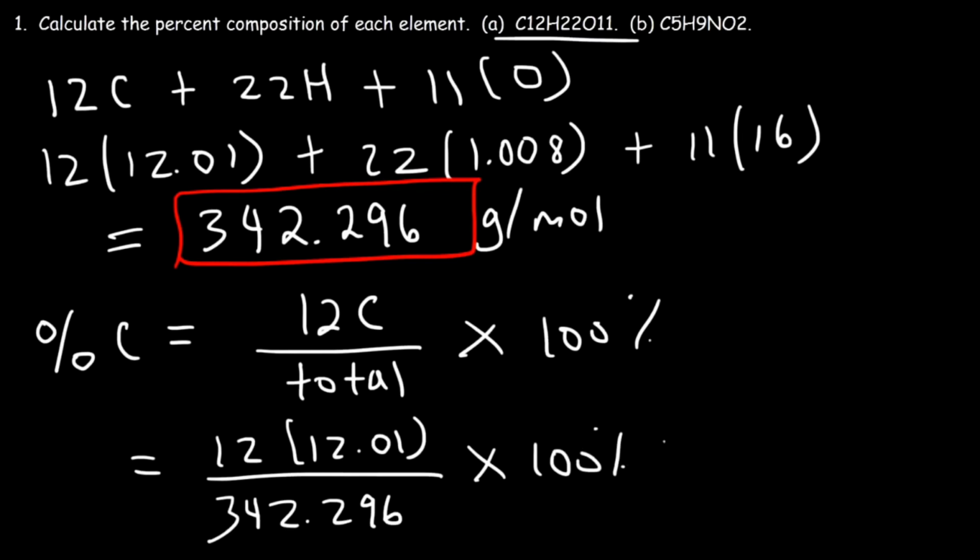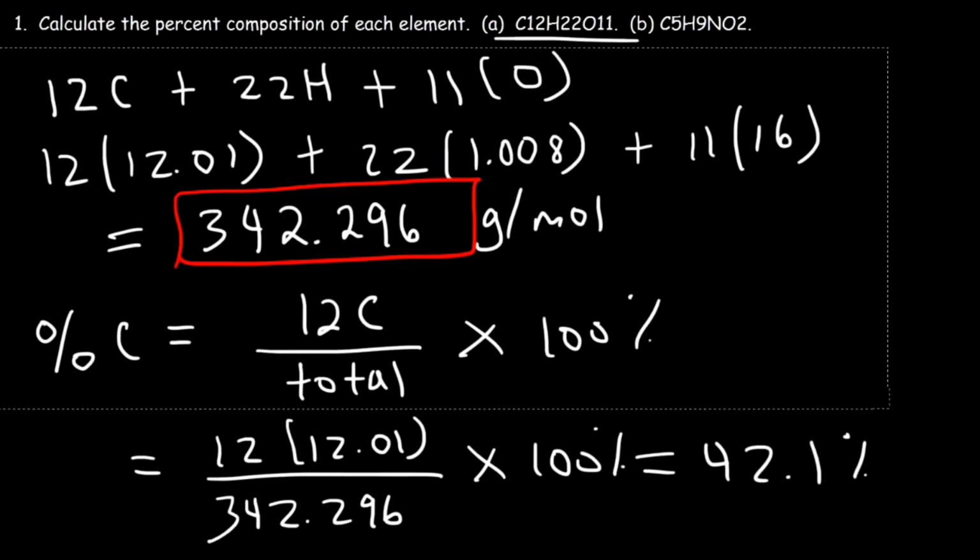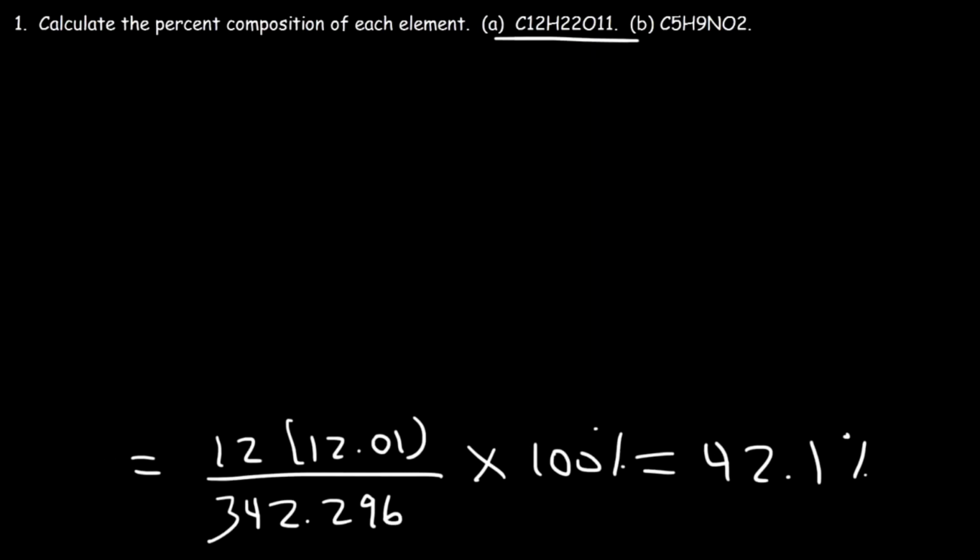So 12 times 12.01 is 144.12. Divide that by 342.296, then take that result, multiply by 100%, and you should get 42.1%. So that's the percentage by mass of the carbon atoms in sucrose. Now I'm just going to rewrite the answer on the top so we can reference it later. So it's 42.1%.